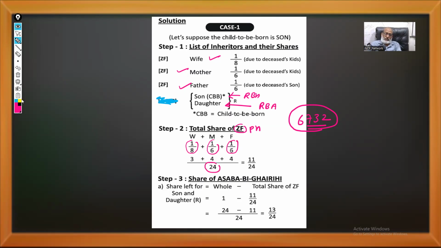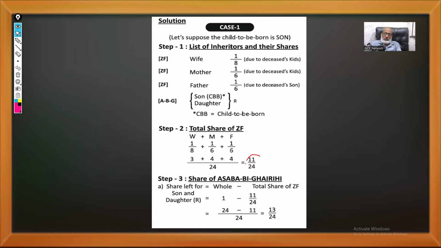And if you simplify this, you will find the resultant is 11/24. That will go to the wife, mother, and the father. Now, the share of the residuary: son and daughter both belong to the residuary.